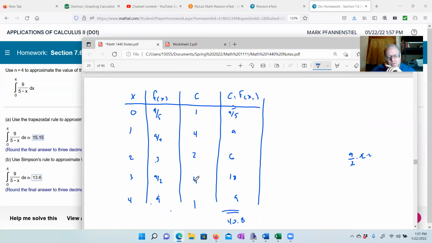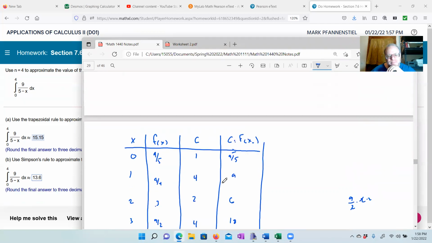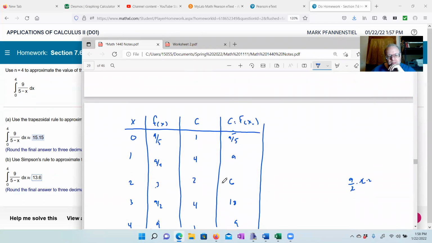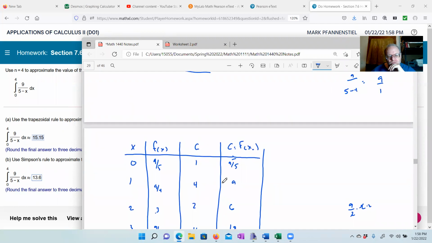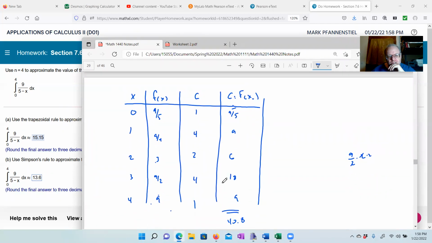The coefficients are 1, 4, 2, 4, 1. 2 cancels, it should be 18.